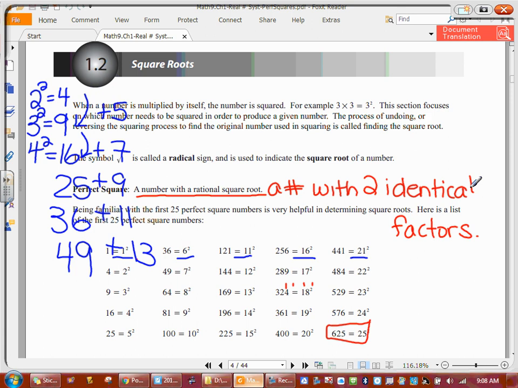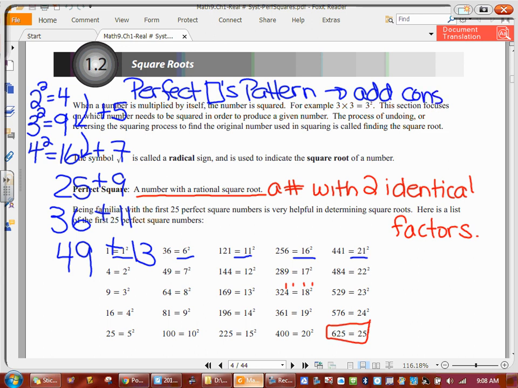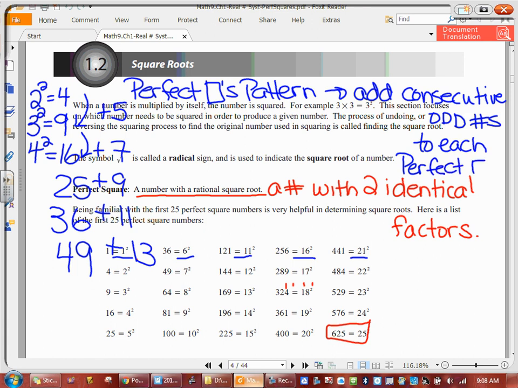So perfect squares, pattern. Add consecutive odd numbers to each perfect square equals the next perfect square.